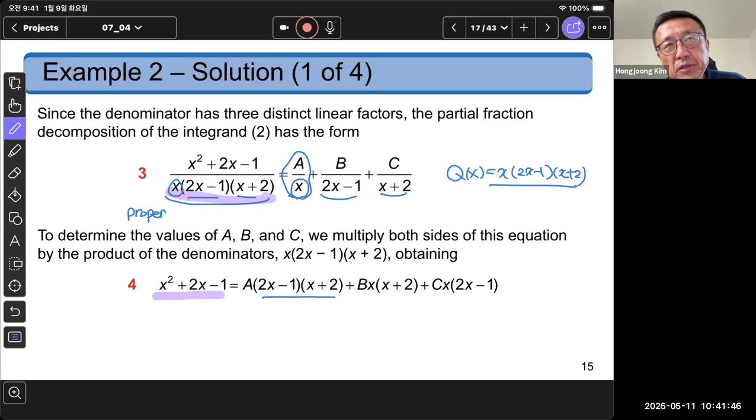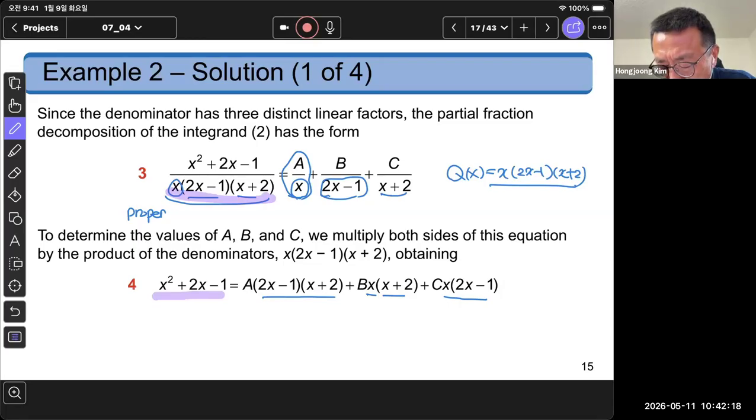Now when Q(x) is multiplied to the second term, 2x minus 1 will be cancelled and you get B times x and (x plus 2), right? And when Q(x) is multiplied to the third term, x plus 2 will be cancelled, and the remaining terms, x and 2x minus 1, will be multiplied to C. So that's what you get, right?